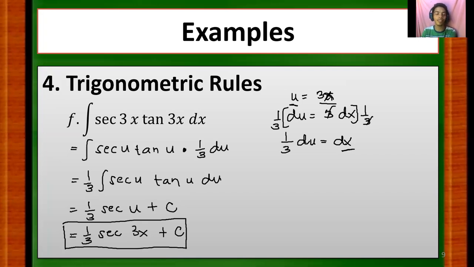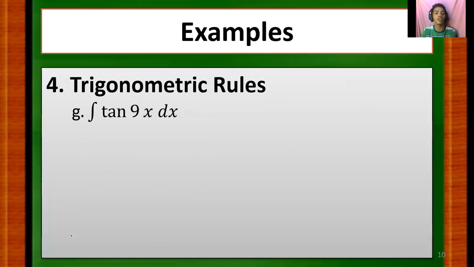Okay? Next tayo, letter G. So if we have the integral of tangent 9x dx, una muna, let u. Lagi yon, let u. Ang u natin ay 9x. Du natin is 9 dx. Very good. So ang gagawin lang, si 9x, derivative is 9, multiply mo lang ng dx.